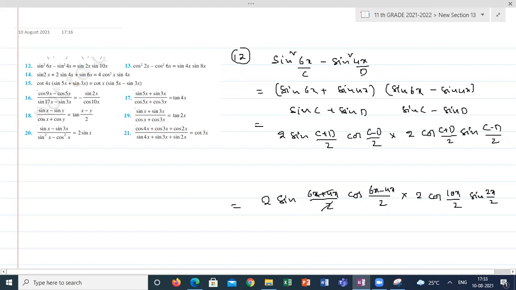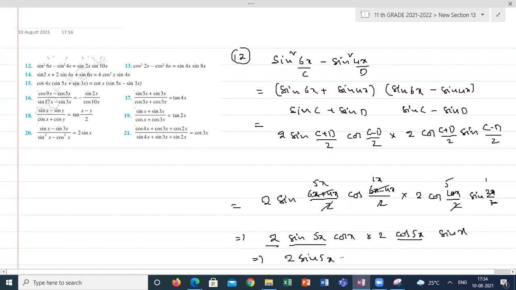So this is 5x, this is x. Finally I am getting 2 sine 5x cos x into 2 cos 5x sin x. I am taking 1 sin 5x and 1 cos 5x, which can be written as 2 sin 5x cos 5x, and the remaining set as 2 sin x cos x.